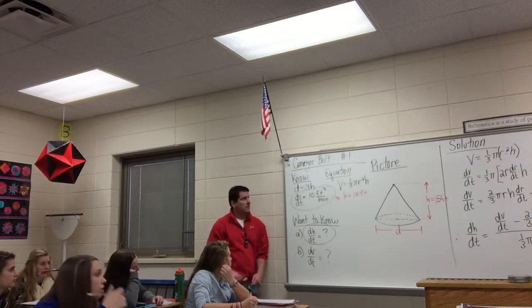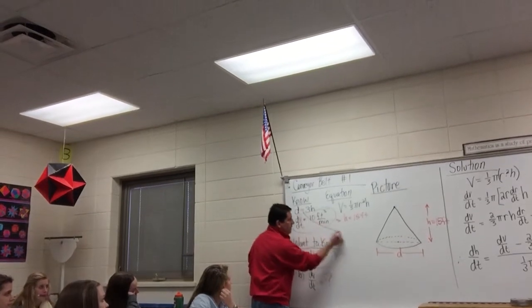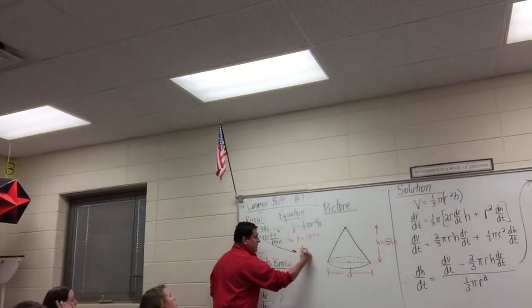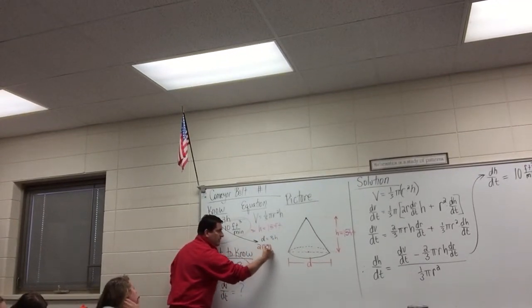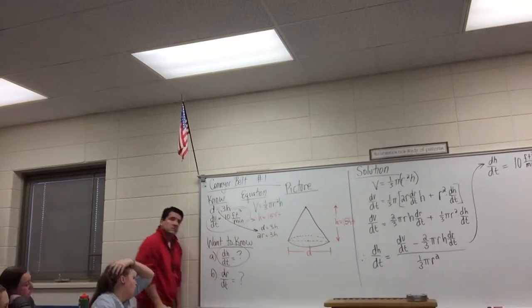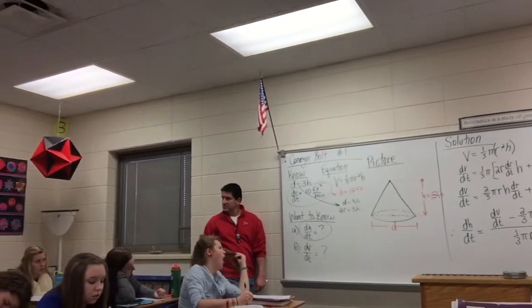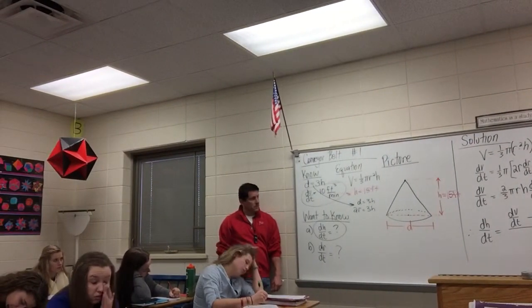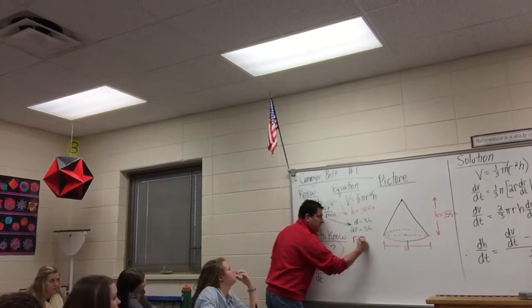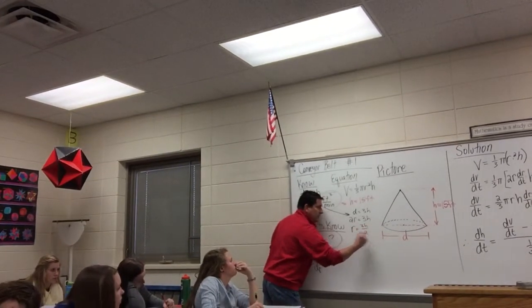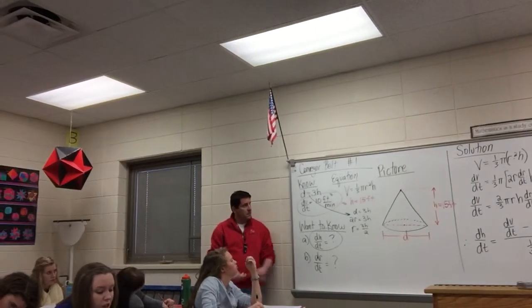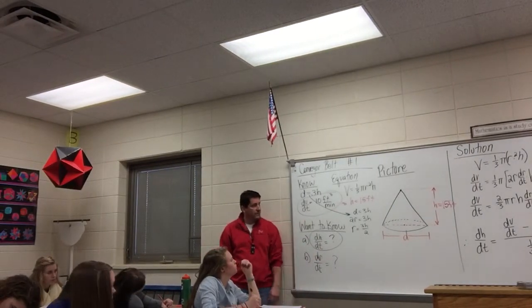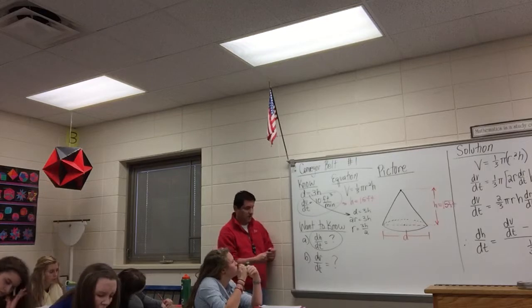22.5 is correct. I'm going to make a little comment here. D is equal to 3h, but diameter is 2r. So that means the radius is equal to 3h over 2. 3 times 15 is 45, divided by 2 is 22.5.